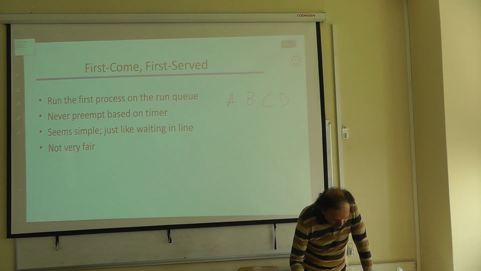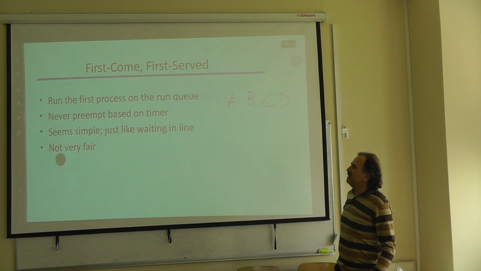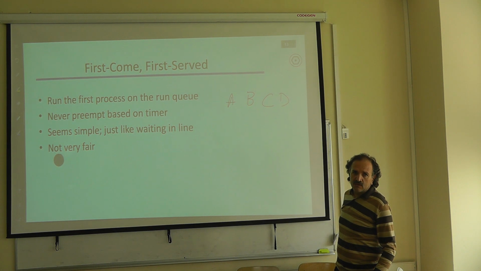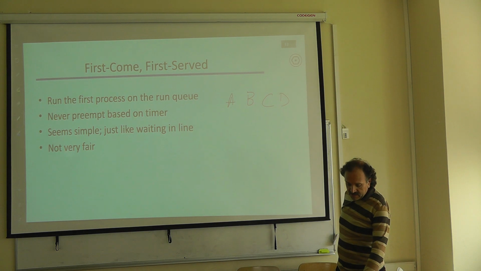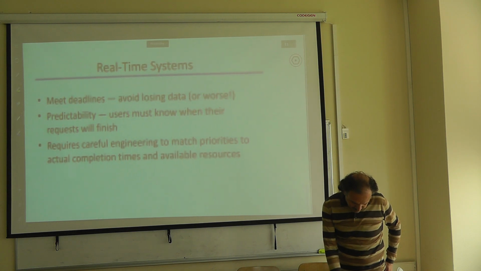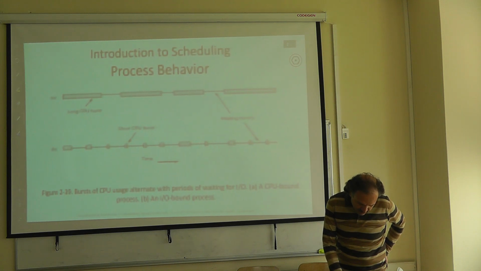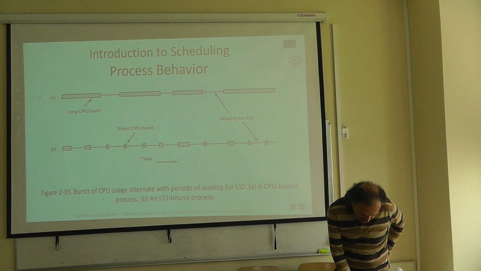Okay, that's important. Let me say that it's not very fair. I mean, first come, first served looks like it's fair, but in some cases, let's say process A is doing this, and B is doing this.